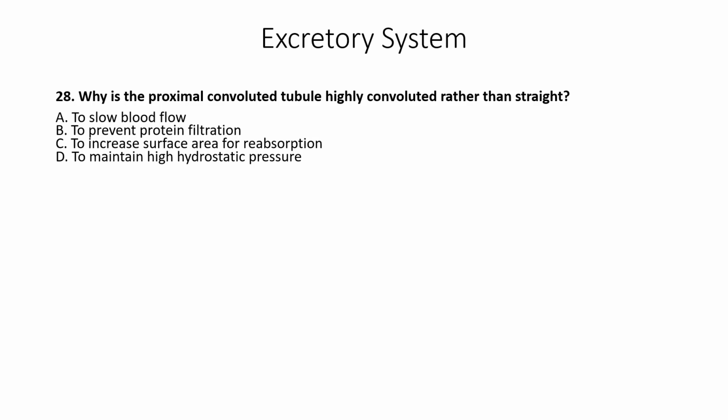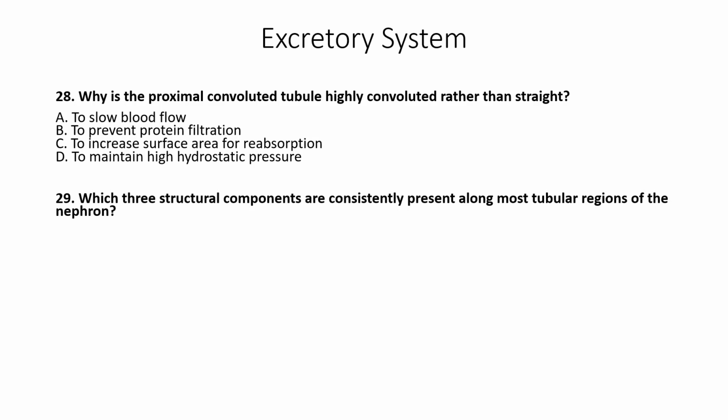That enables much more reabsorption of water, sodium, glucose and so on, since nearly 70% of the filtrate reabsorption occurs in the PCT. This is a very important structural aspect of the PCT. So the answer here is C. I hope that's clear now, so we can move to the next one.